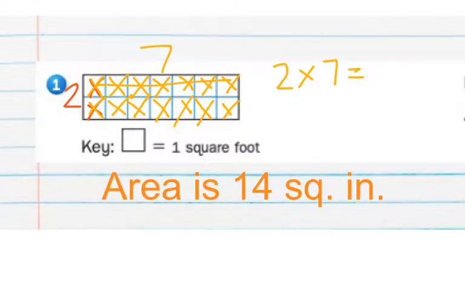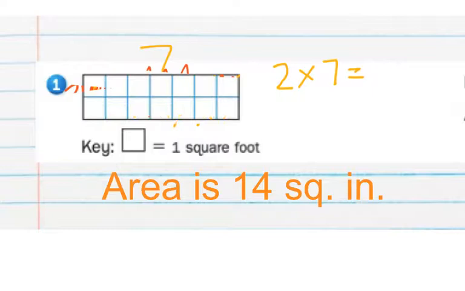And now I know that the area is 14 square inches. And that means there are 14 squares in all that make up this rectangle. Let me give you a cleaner picture of what it would look like. And so that's how I solved that and found that there are 14 squares in this rectangle. Let's try it with one more.